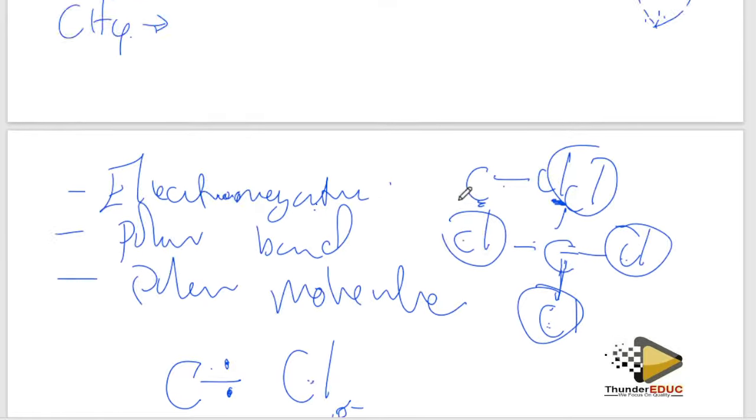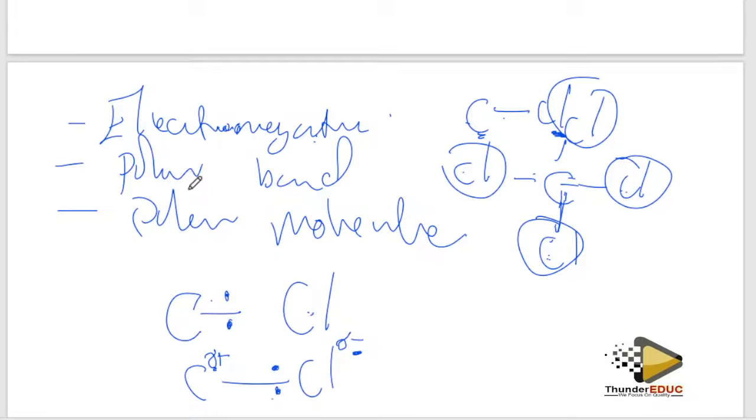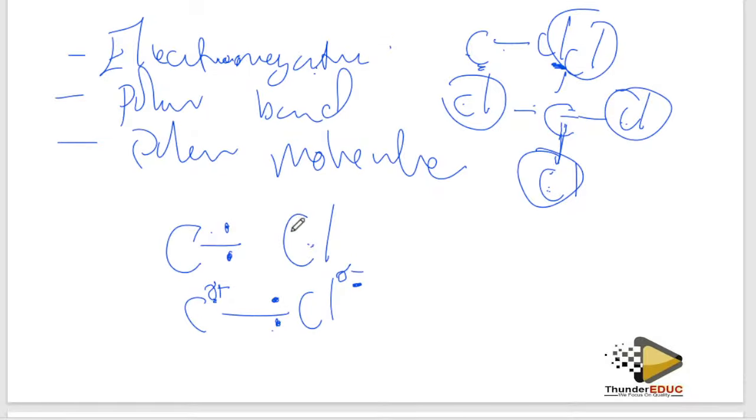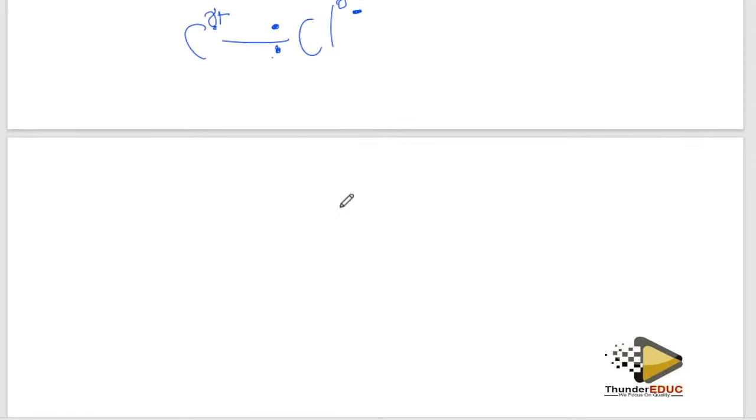So please don't go without knowing electronegativity, polarity, bond polarity, and then molecular polarity. So how do I calculate the electronegativity of a bond? Let me use the same thing, carbon and chlorine. I will look for chlorine.